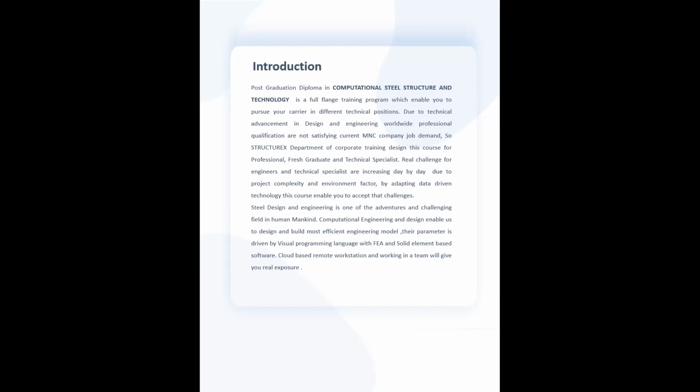Now, what is the basic involvement? Steel design and engineering: the utilization of steel and metal is increasing day by day, and steel is more convenient, or more approachable, for industrial structures.